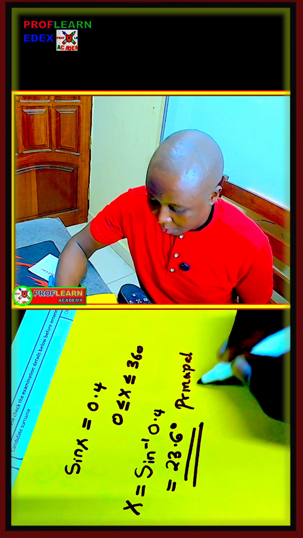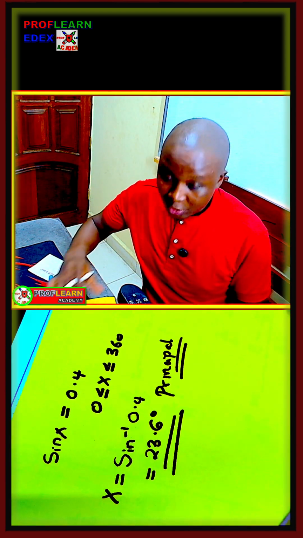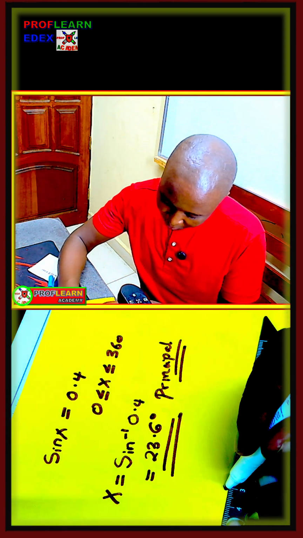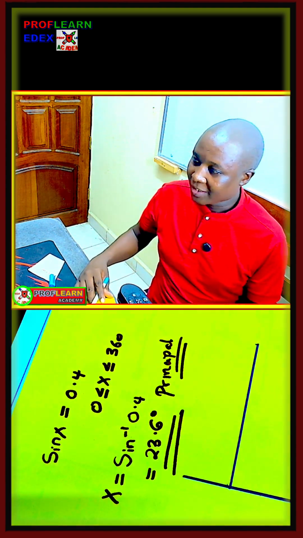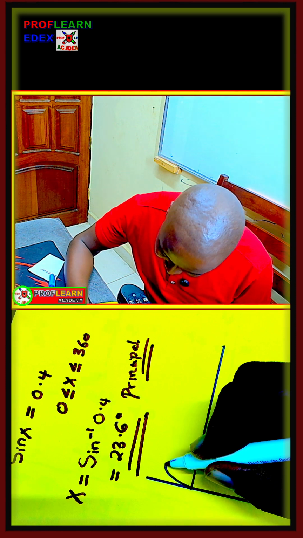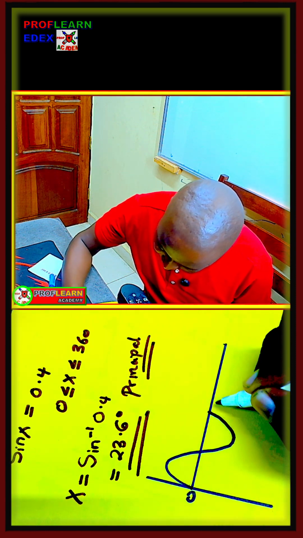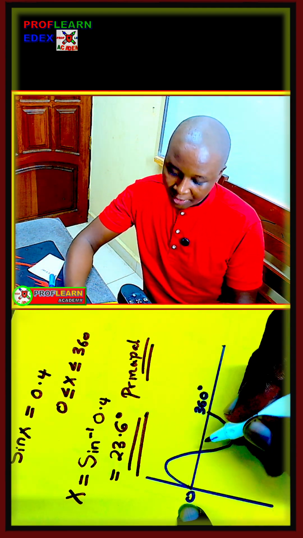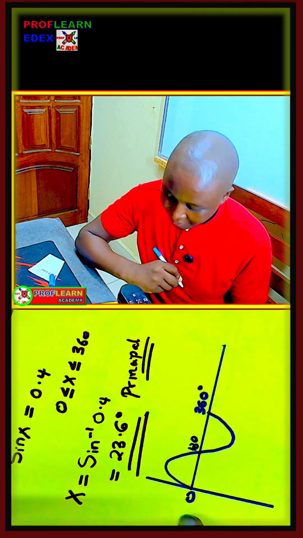Once you have gotten the principal angle, I want you to think of this as a graph, because I have taught you how to draw the sine graph. So we're going to have our sine graph looking like that from 0 all the way to 360 degrees. This is going to be 180 degrees.